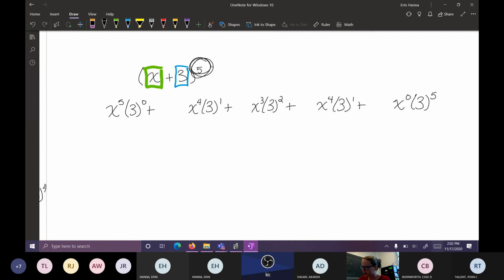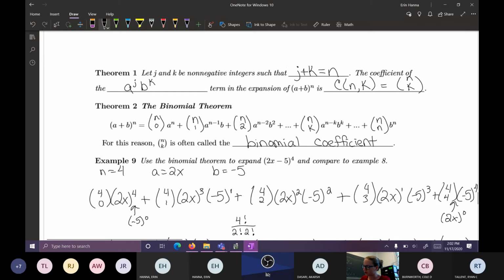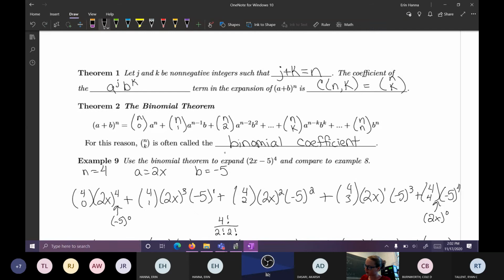And then the other piece that we need is to figure out these numbers in the front. Those essentially come from the binomial theorem, which tells us that the binomial coefficient is going to be n choose k, where n is the power that we're expanding it out to, and k is the power of the second term.